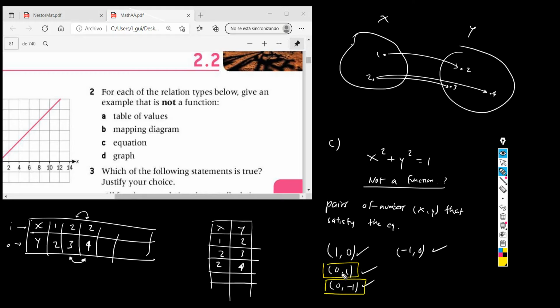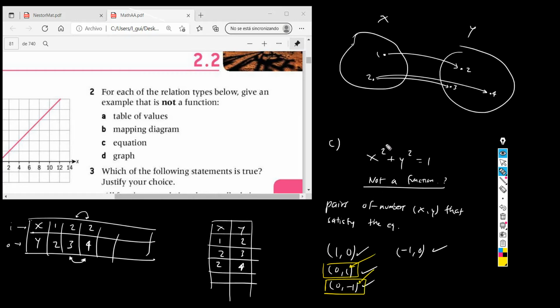Take a look at these 2 points. For the same x of 0, and remember, we usually consider x as the input variable, unless something else is stated. So for the same input, we get two different outputs. We get 1 and minus 1, you see?